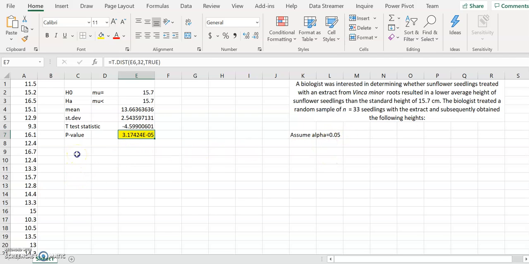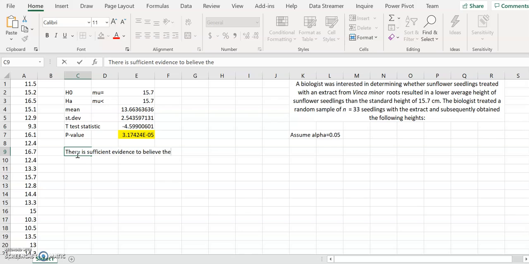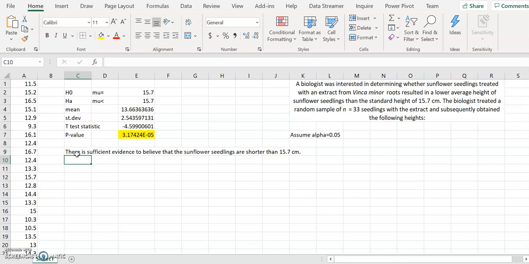And so therefore, we're going to conclude that we reject the null hypothesis, and there is sufficient evidence to believe that the sunflower seedlings are shorter than 15.7 centimeters. Since there is insufficient evidence to support the null, there is sufficient evidence to believe the alternative.